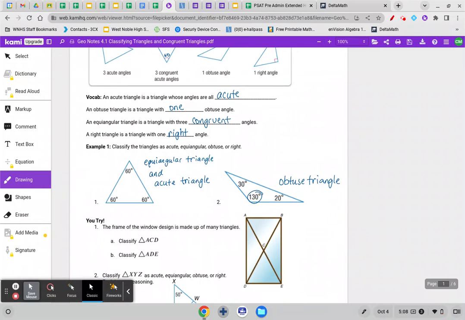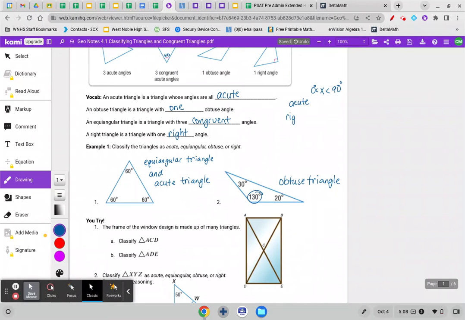It might be a good idea to review angles. Acute angles are any angle that is smaller than 90 degrees and bigger than 0 degrees, so the degrees have to be between 0 and 90, not including 0 or 90.